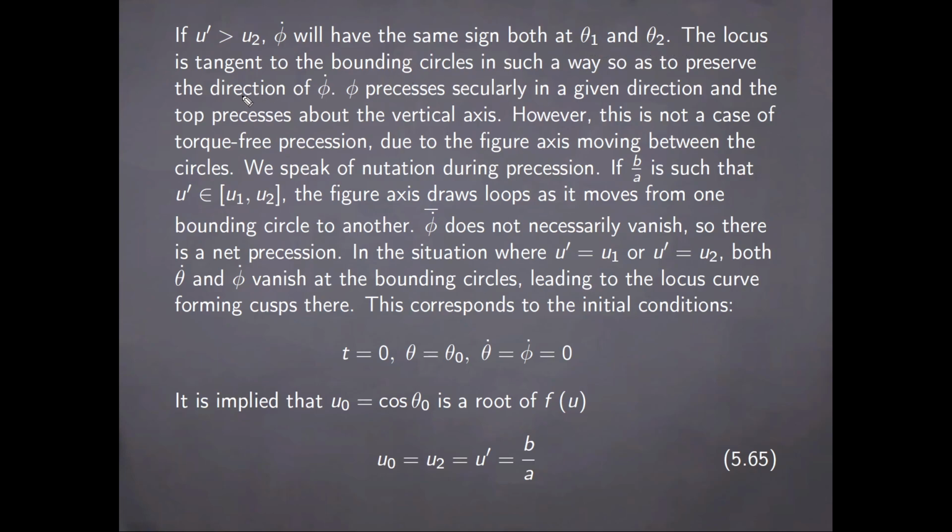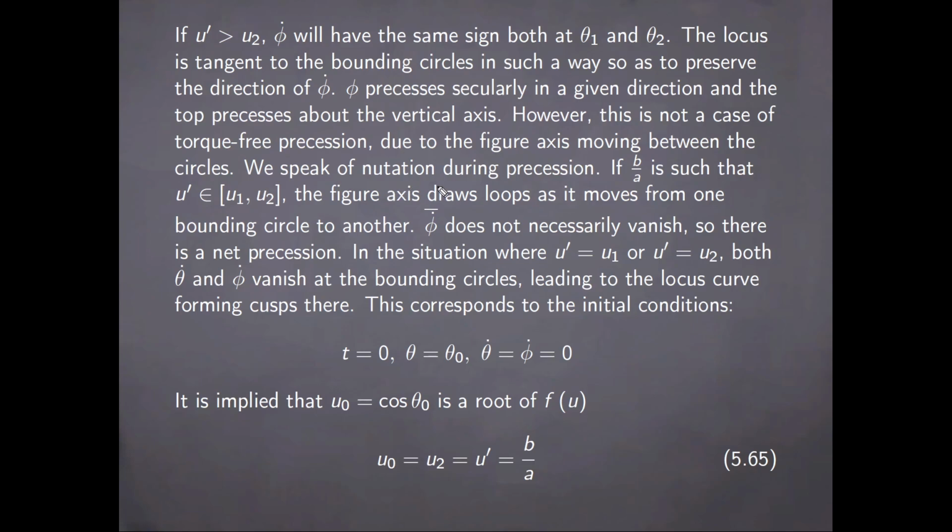So the locus is tangent to the bounding circles in such a way so as to preserve the direction of the precession rate. So the angle phi precesses secularly in a given direction, and the top precesses about the vertical axis. However, this is not a case of torque-free precession due to the figure axis moving between the circles.